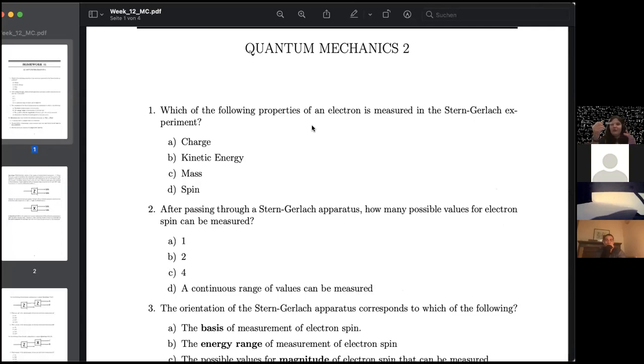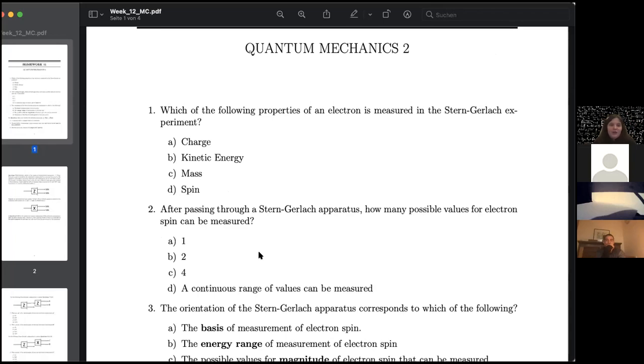So when you look at the end, where you measure your silver atoms, you have two lines. So the right answer is of course spin.